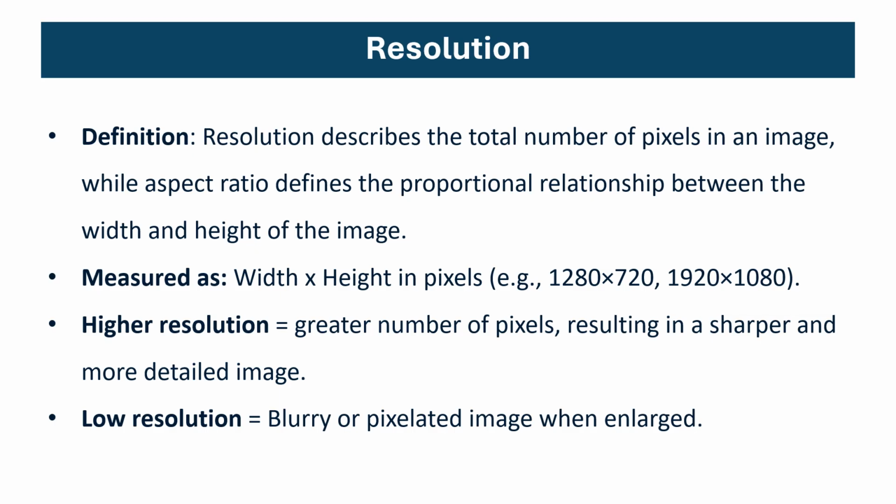The overall quality of the image is called the resolution. It's also measured in width and height, with pixels for the width and pixels for the height. When you multiply them together, you get the total number of pixels in that image. So what's the formula? Higher resolution equals a greater number of pixels, and lower resolution equals a pixelated or lower quality image. So that's the meaning of resolution.